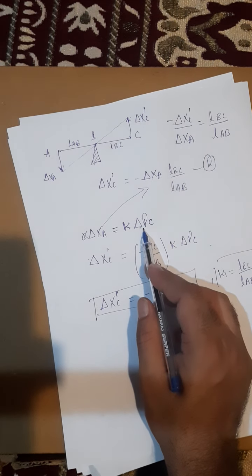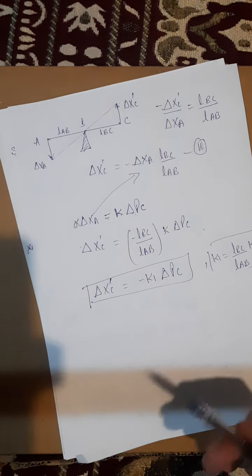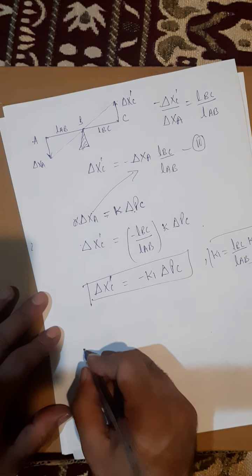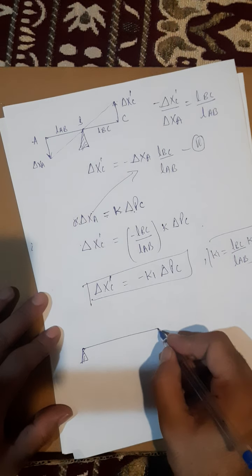Now, the second case. Because of this increase in delta PC, speed increases. When speed increases, the balls will move apart, because the spring will expand and point B will come downwards. Now point A is fixed. Here point B was fixed earlier; now point A is fixed.